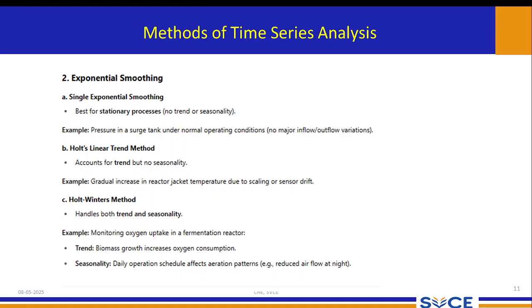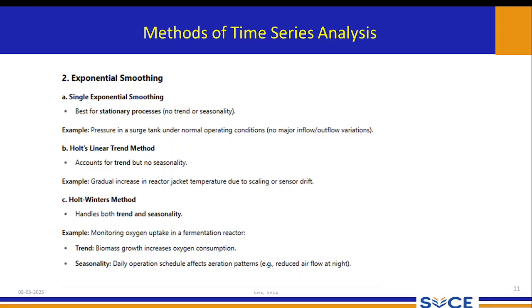Additive means you have a plus between components, multiplicative means a product, right? For single exponential smoothing, the example is pressure in a surge tank under normal operating conditions. Whereas in Holt's linear trend method, the example is gradual increase in reactor jacket temperature due to scaling or sensor drift. So there is no seasonality; only the trend is accounted for in Holt's linear trend method.